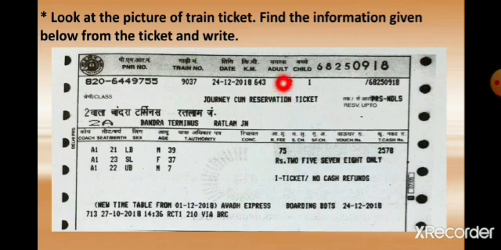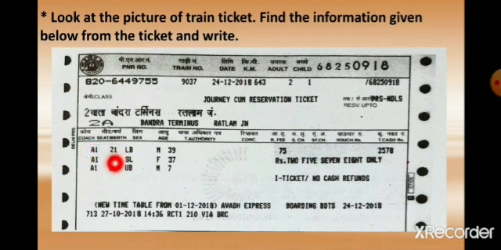Here adult. Adult means a fully grown person. And here 2 adults will travel from this ticket and 1 child. So there is total 3 persons will travel from this ticket. Is coach, that A1.